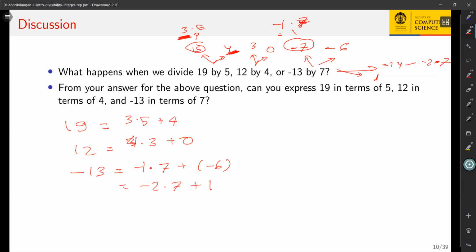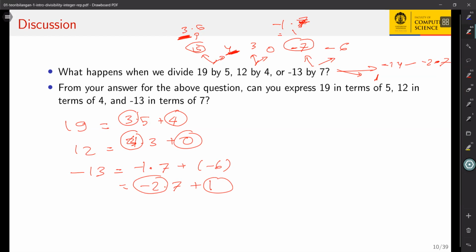All right. Now, the numbers 3 and 4 for 19, 4 and 0 for 12, as well as minus 2 and 1 are the important numbers related to division between these numbers, right? So, for example, if you divide 19 by 5, then essentially you have 3 and 4 as the result.